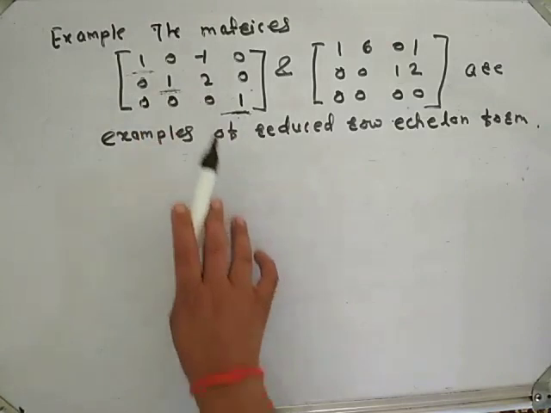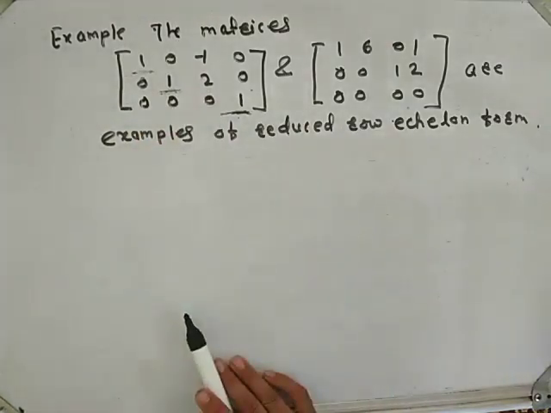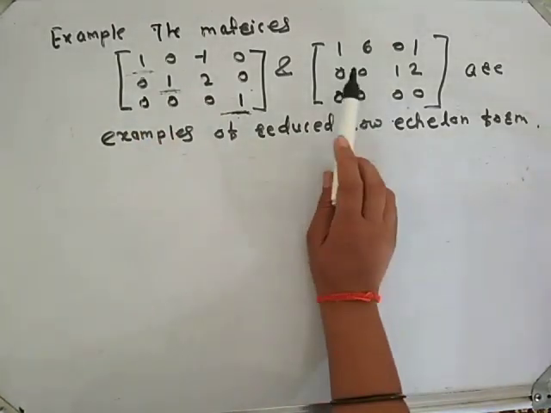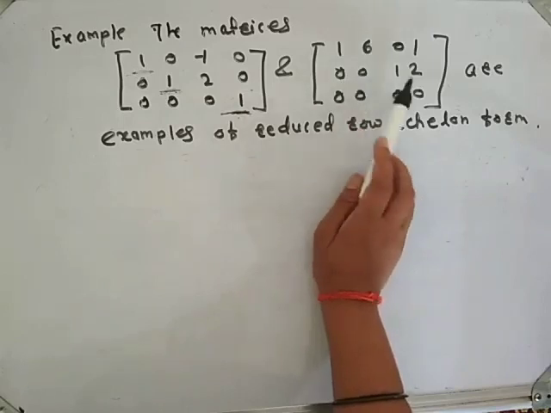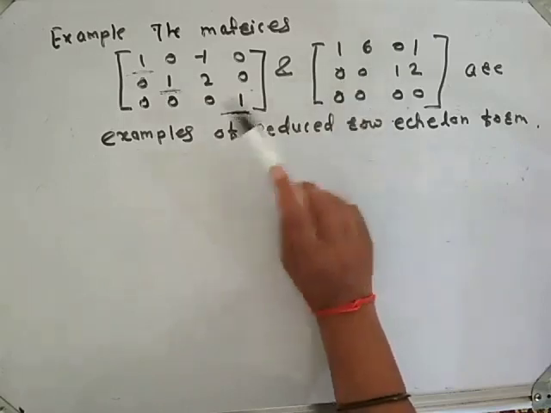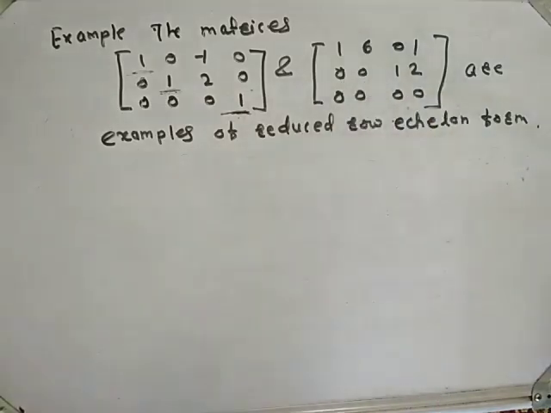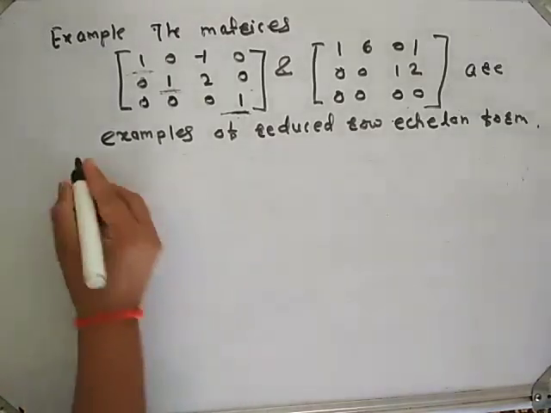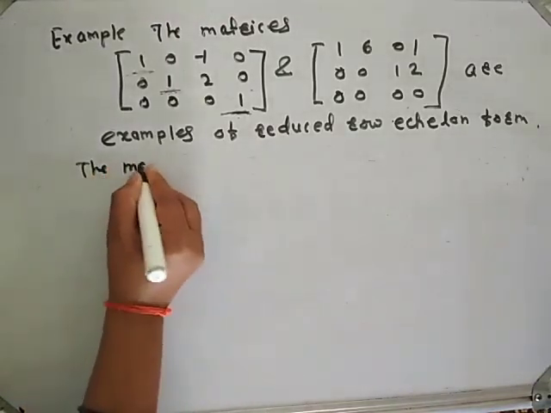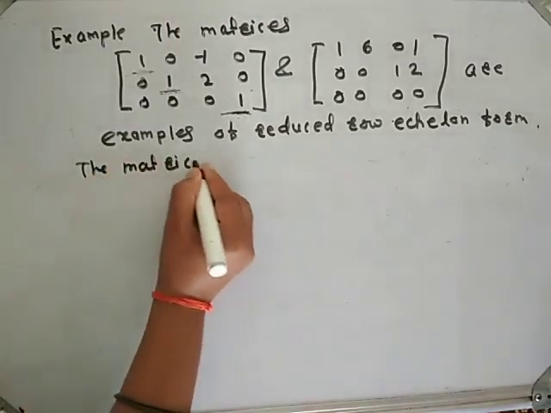That's why this is a reduced row echelon form. Okay. Similarly, this matrix satisfies reduced row echelon form. That's why this matrix is in reduced row echelon form.